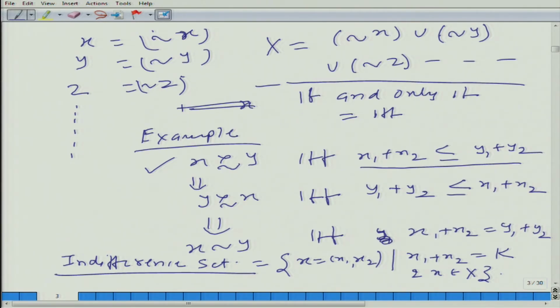Is it clear? This part is also important, because if you do not include it, let us say k is equal to 5, then you may take x1 is equal to 8 and x2 is equal to -3, but that is not in the consumption set. So, we will not talk about that particular bundle, fine.